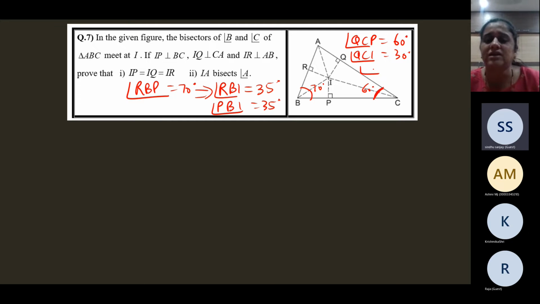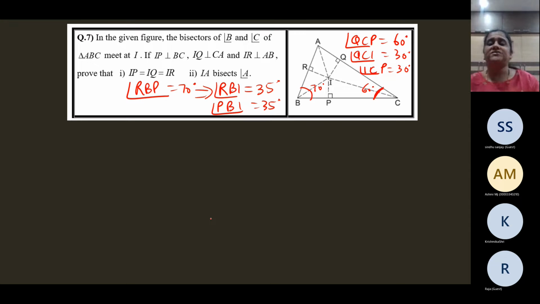QCI is 30 and then angle? ICP, ma'am. 30 degrees, ma'am. Very good. Angle QCI and ICP is equal to 30 degrees, or PCI is equal to 30 degrees.